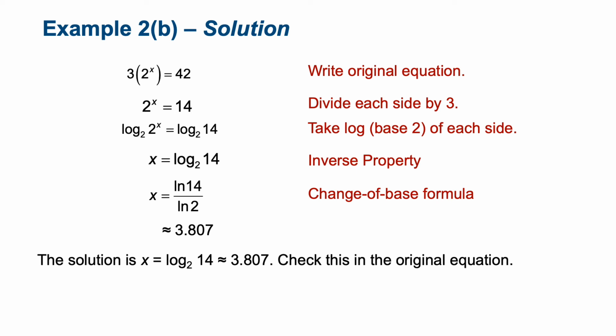But in order to plug this into our calculator, we need to write this using the change of base formula. We could use ln or common log, it doesn't matter, we'll still get the same answer. So x is equal to ln of 14 over ln of 2, and that gives us 3.807, and you can check that in the original equation to see if it's correct.